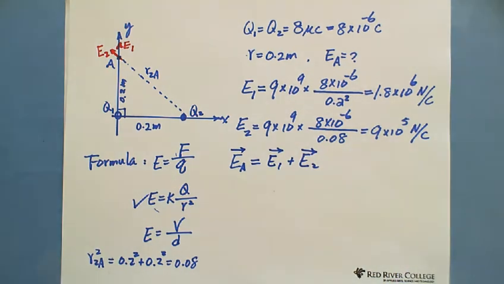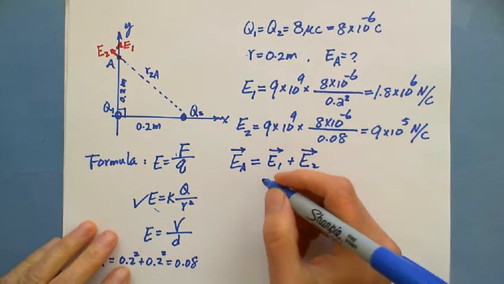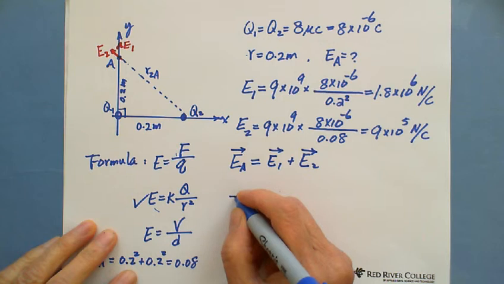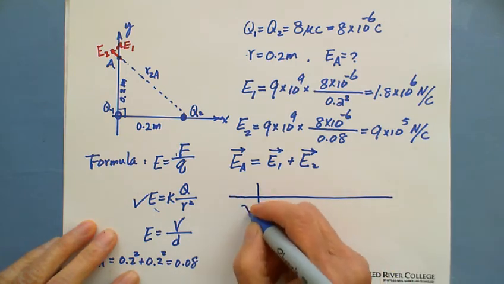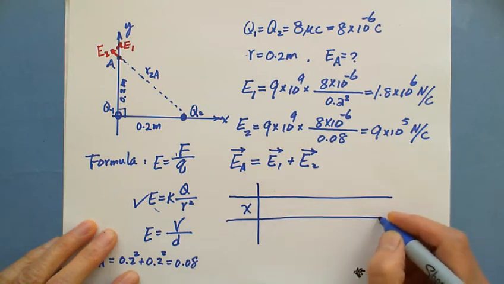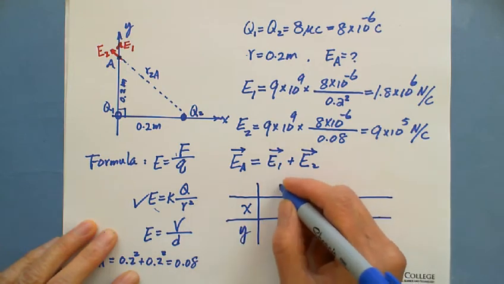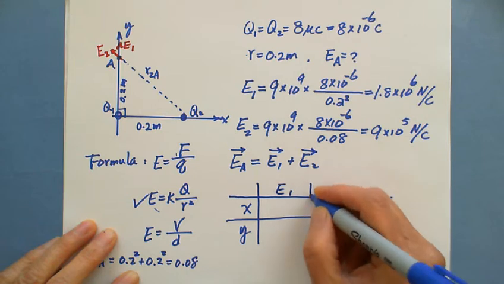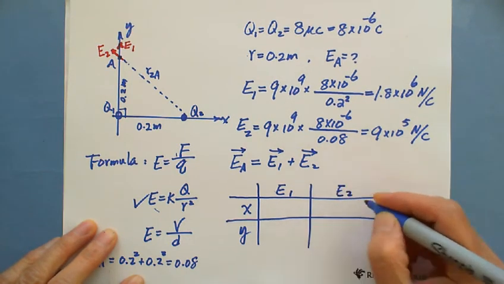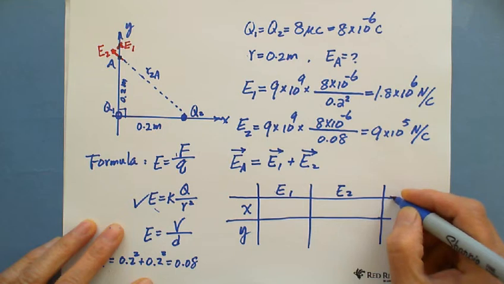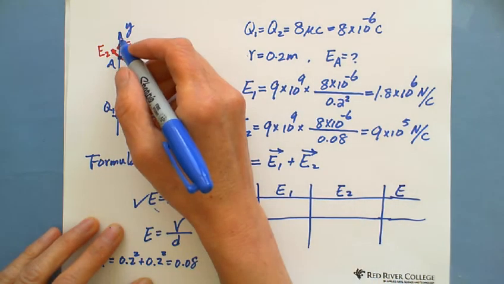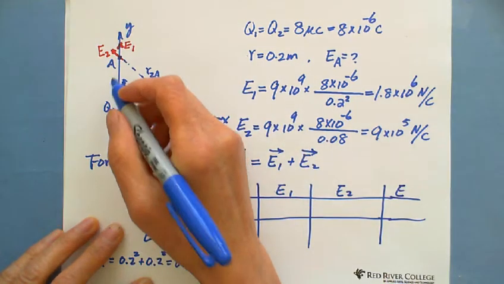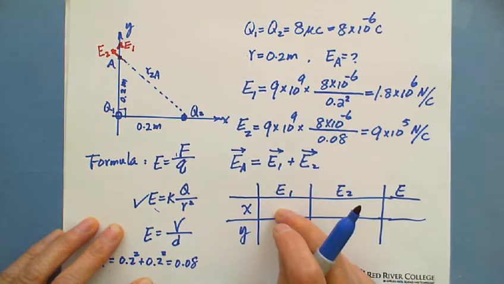So for this situation, we need to use the component method. The component method is we need to set up, let's say this is the x direction, this is the y direction, and the E1 and the E2, and after this, we find the total E. So we find E1 is in this direction, which is 0 on x and only on the y direction.